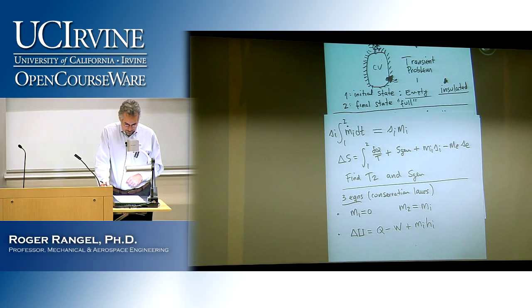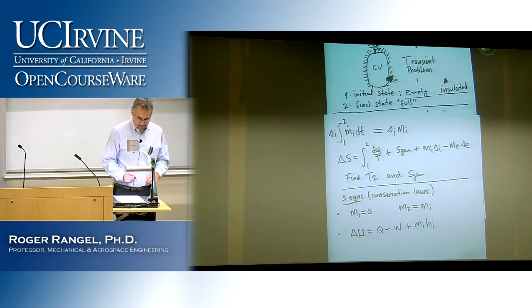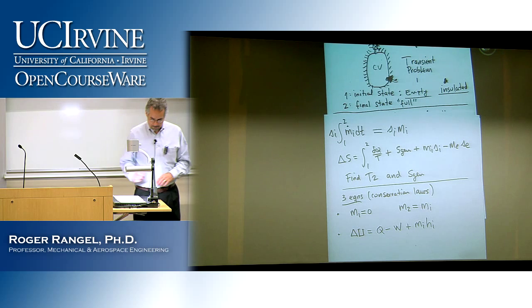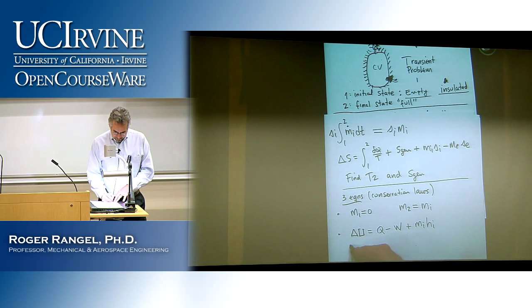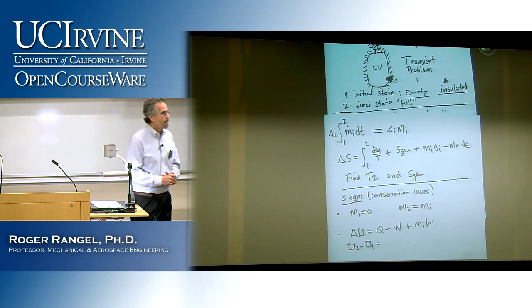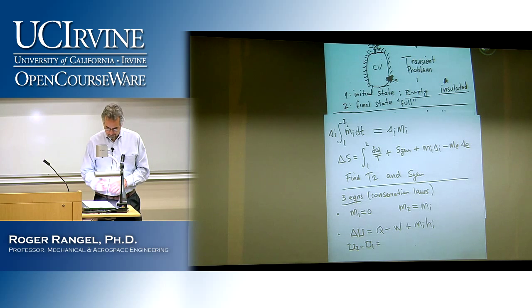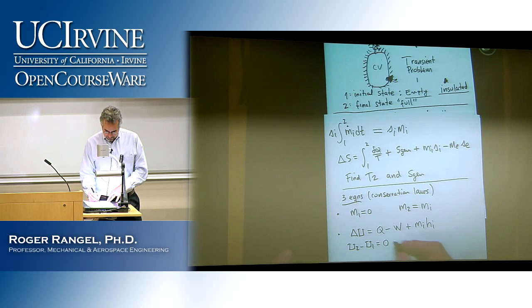Okay, so what can I do here with this equation? Can I simplify it? Delta U, of course, is U2 minus U1. What's Q? 0, because it's insulated. Work? 0, it's a rigid tank.